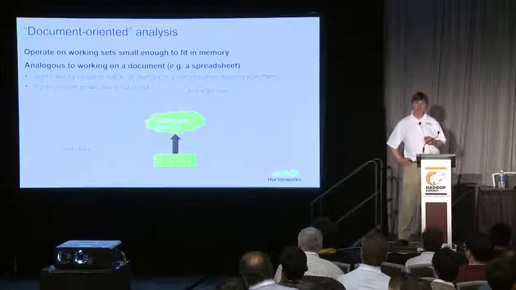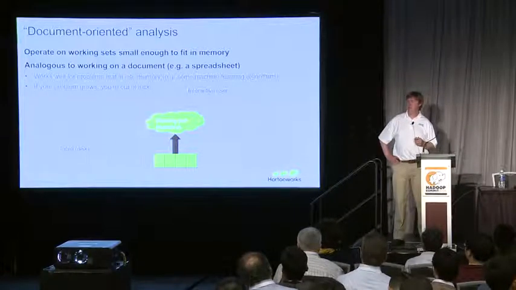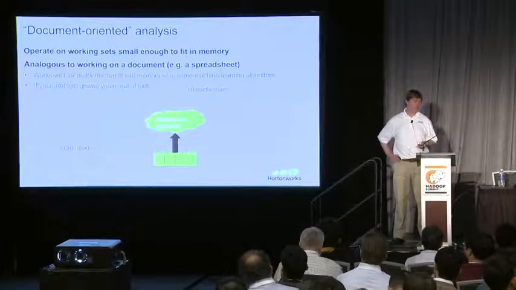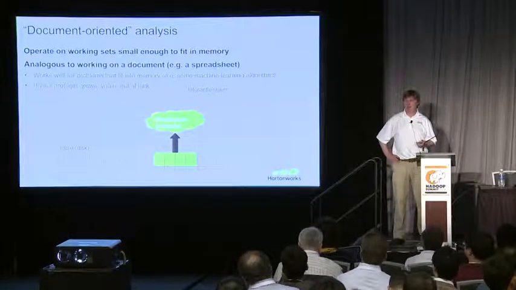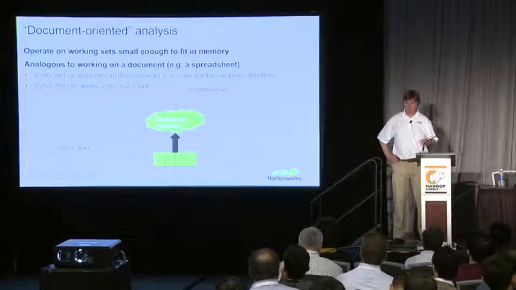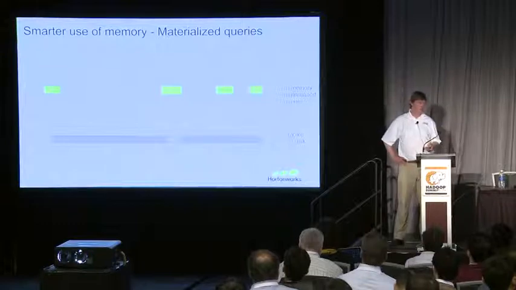That's still a lot of memory. If you can do that, then yeah, you want to load that particular set of data into memory and work on it. Machine learning algorithms often work well like this. But if your problem grows larger than memory, then you're out of luck, and the performance crashes.